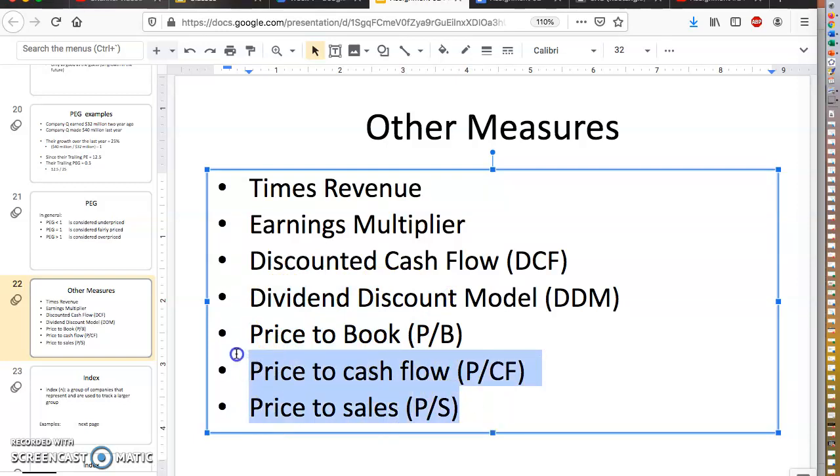These three down here are just something divided by something. That's what this word "to" is talking about. So there are a lot of different ways to try to figure out whether or not it is a good or bad time to buy a particular share, whether a company is right now undervalued or overvalued, and these are just some of the ways to do it.